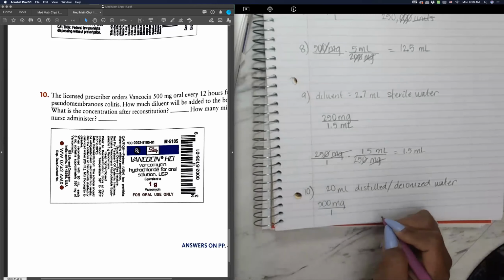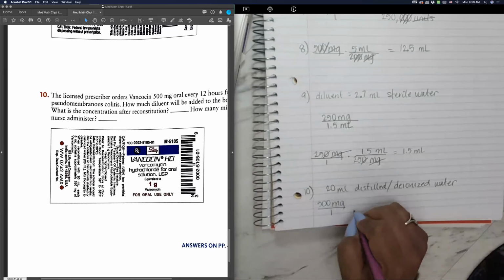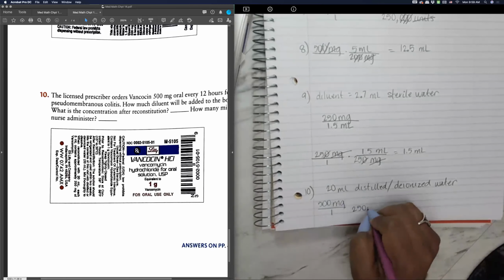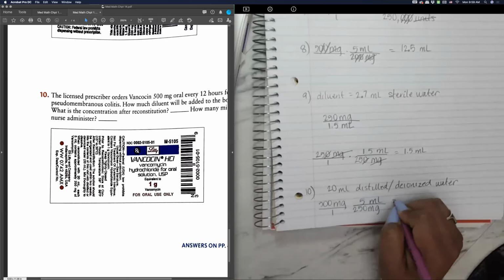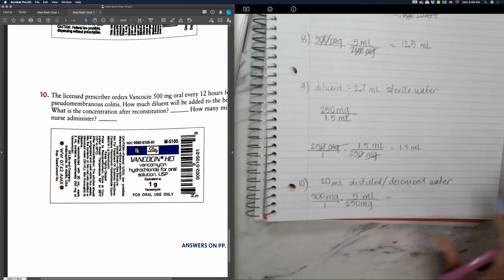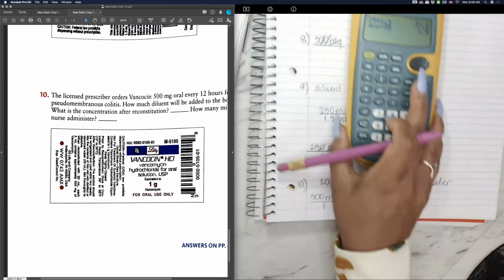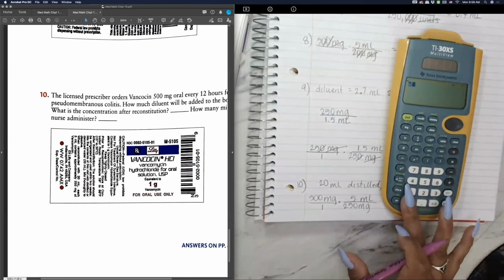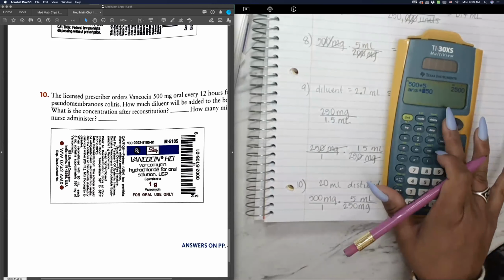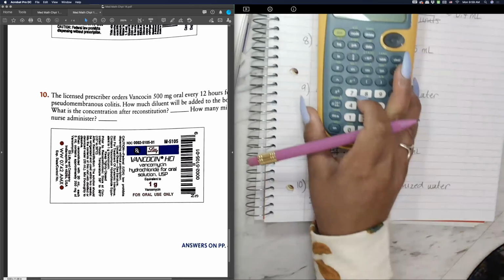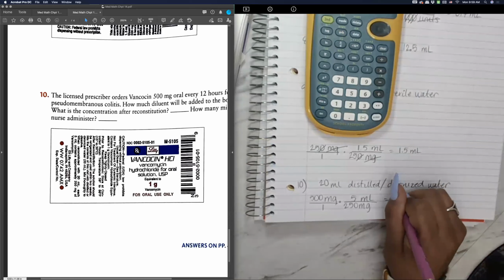My dosage strength after my medication has been reconstituted is 250 milligrams per 5 milliliters. So I'm going to take 500 times 5 divided by 250. And that's going to give me 10 milliliters.